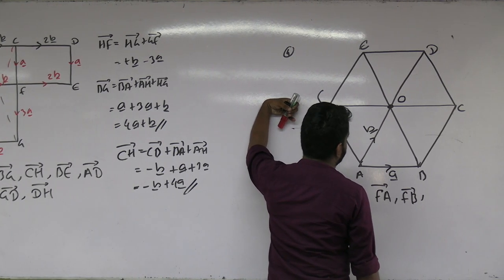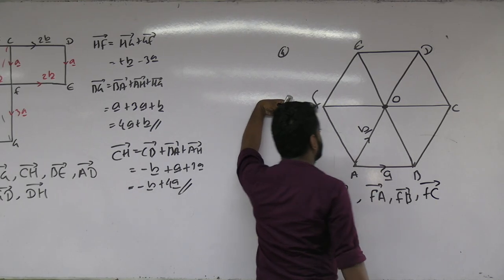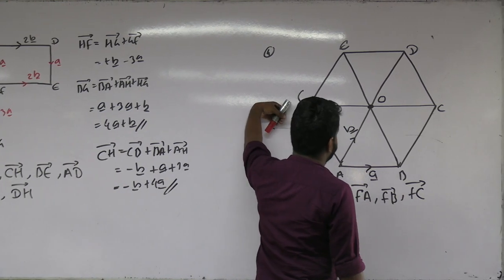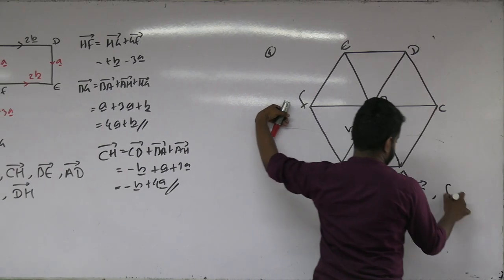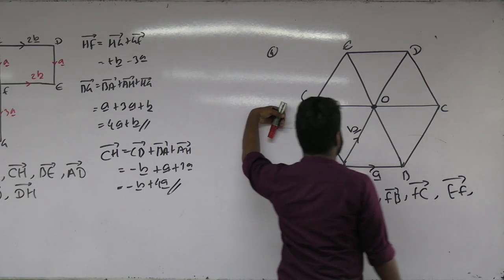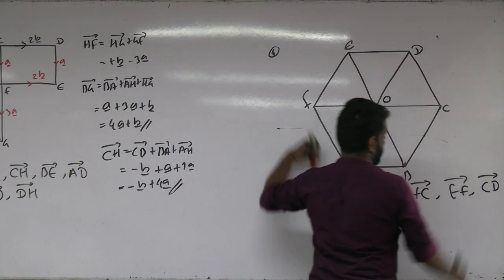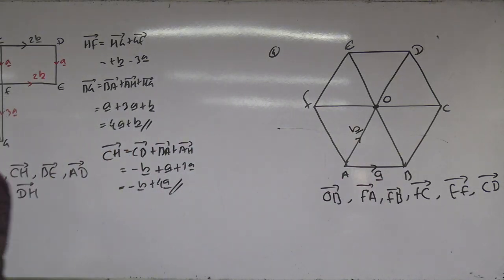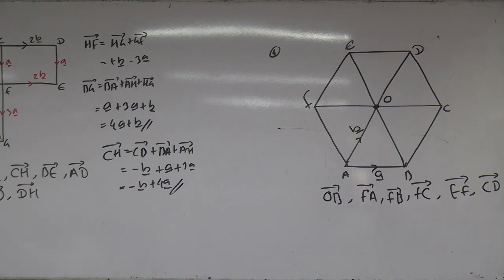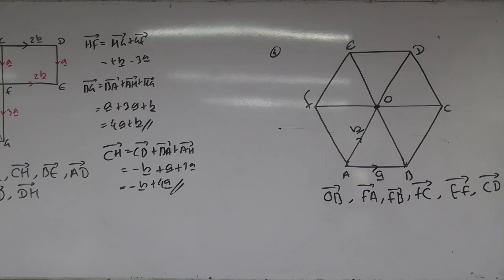And we have FB, FC. Yeah. So question 4, that's a regular hexagon. Regular hexagon, so all the sides are equal.